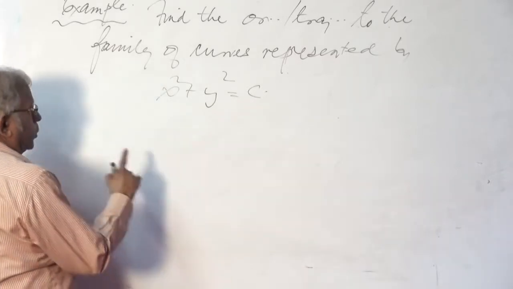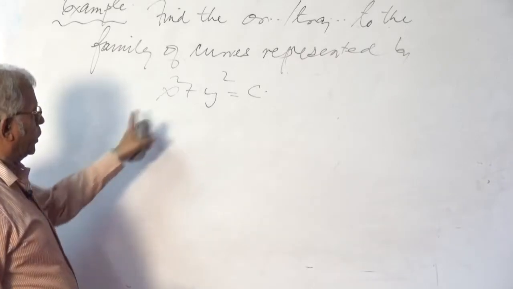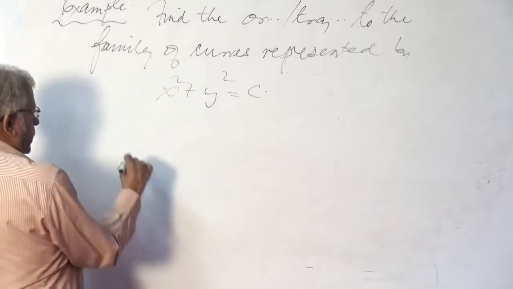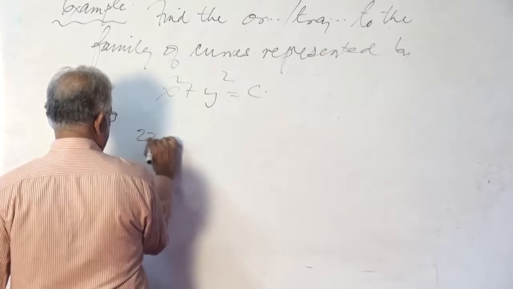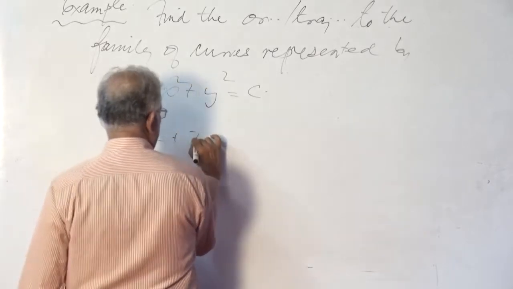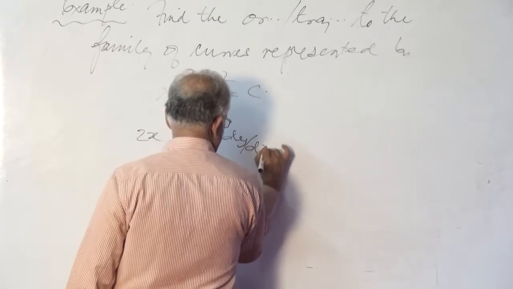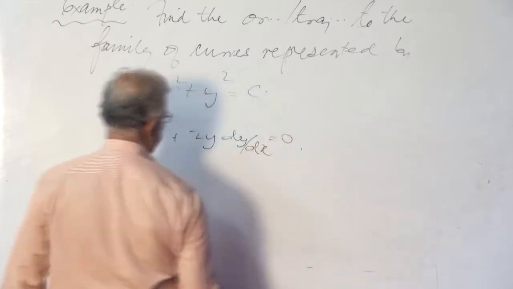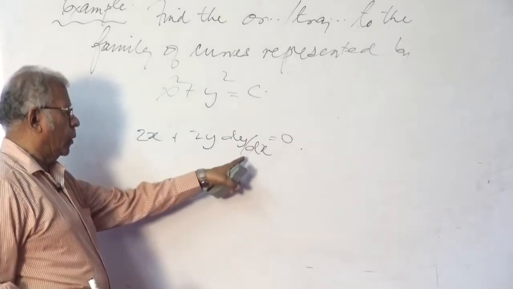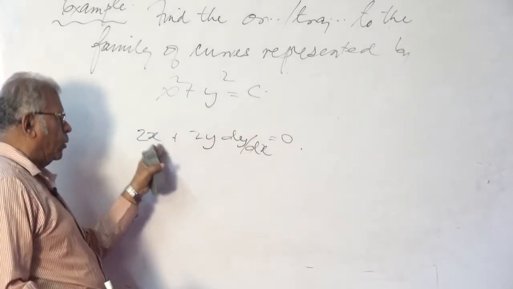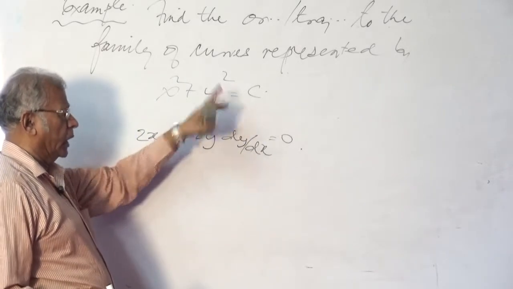Now, to get the orthogonal trajectory, what we do is we differentiate this once. Let's see. So we get 2x plus 2y dy/dx is equal to 0. Now this is the slope, relating to the x and y coordinates of the circle.